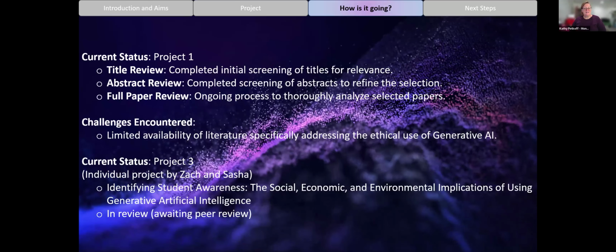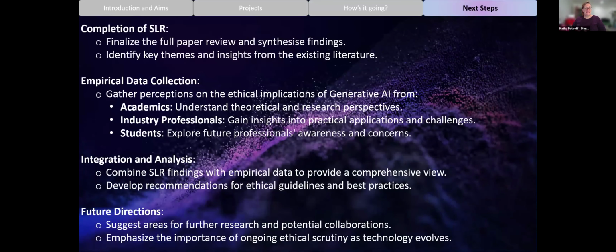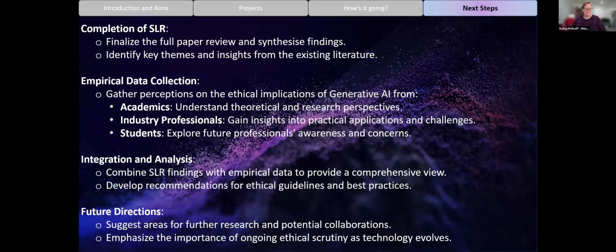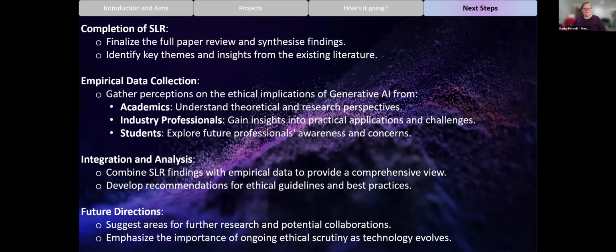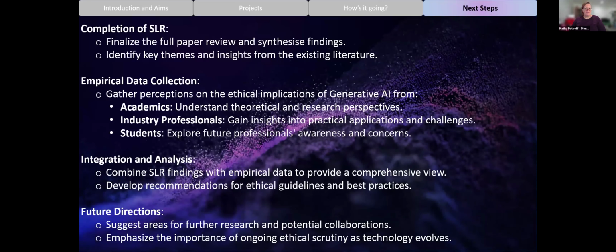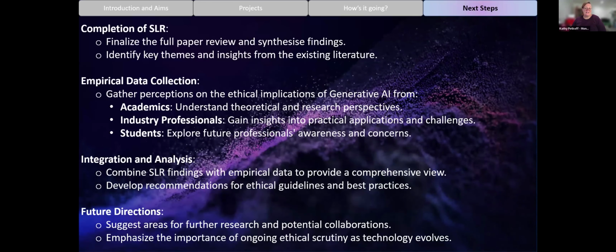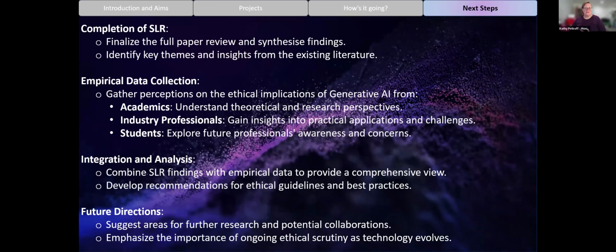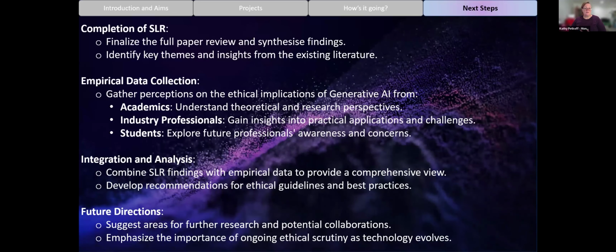Next slide, please, Zach. So where do we go from here? Once we complete the systematic literature review, we're going to move on to gathering data from academics, students, and industry professionals. We want to ensure that we cover all three bases, because if we can't understand how industry are going to use it or the ethical implications for industry, then we can't teach our students to be really good engineers.